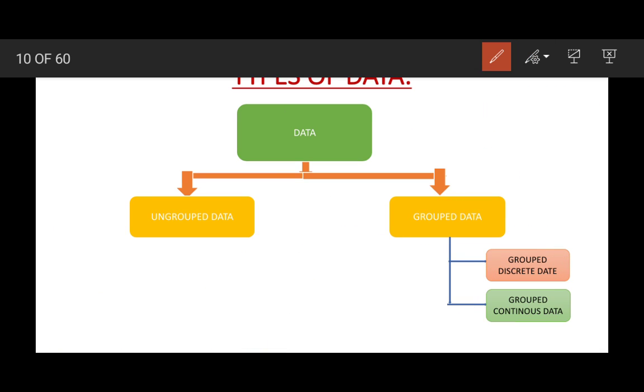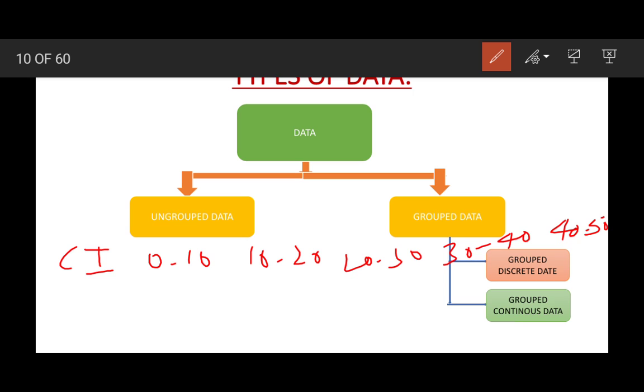Now let us see an example of grouped continuous data. For continuous, class intervals are given. Suppose 0 to 10, 10 to 20, 20 to 30, 30 to 40, and 40 to 50. Class intervals are given and corresponding frequencies are given. Suppose 2, 4, 3, 2, 9.